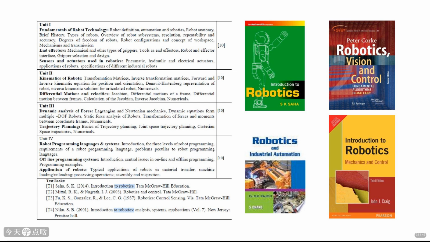Unit 3 is dynamic analysis, forces, Lagrangian and Newtonian mechanics, equations of motion, and trajectory planning. Unit 4 covers robot programming languages and systems, including online and offline programming and typical applications. The listed textbooks are great resources for further study.